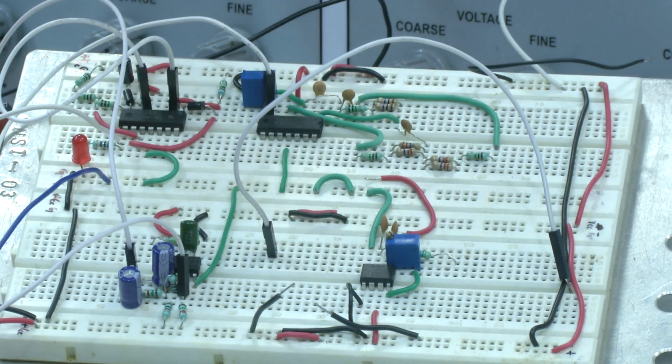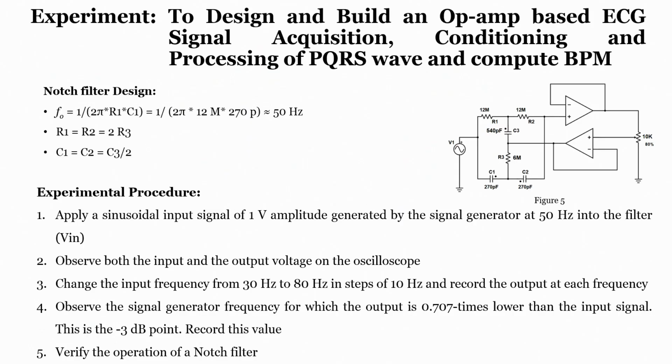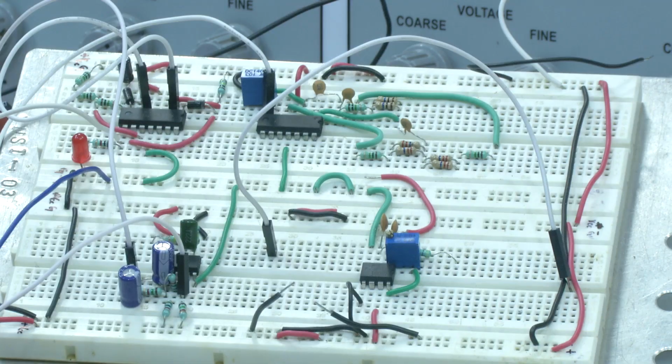Now, the other part that we are using is notch filtering, and that too 50 Hz notch filtering. So, if you recall our resistance values that we used at that time, somewhere around 12 mega and 6 mega resistor, 270 picofarad and 540 picofarad, right.